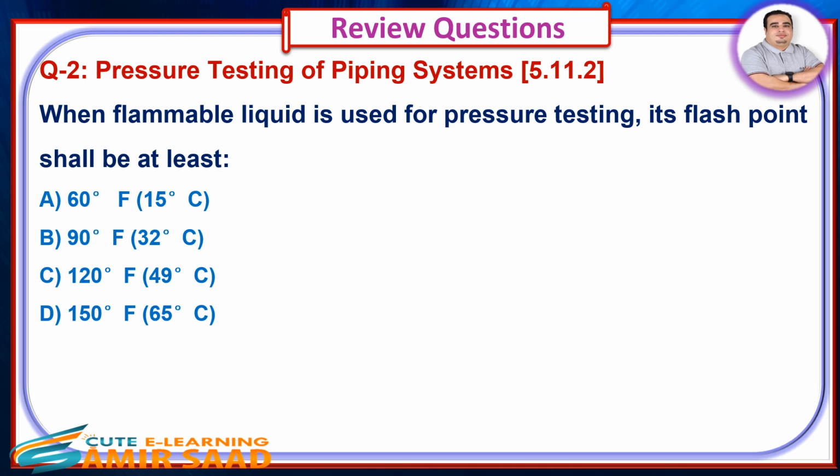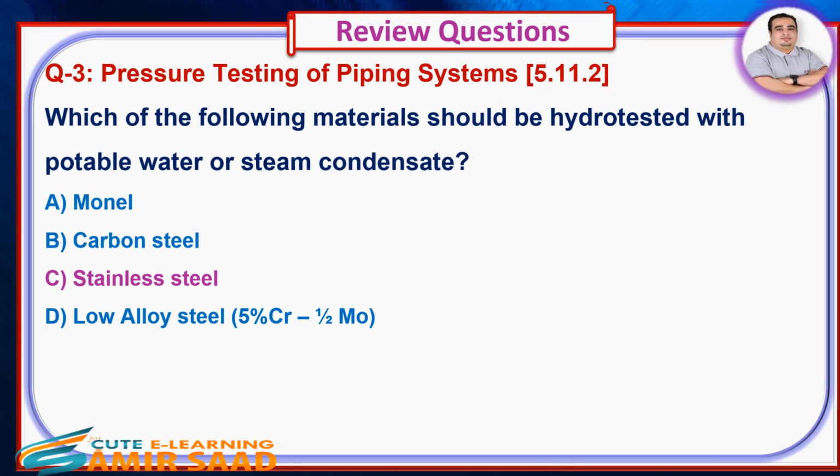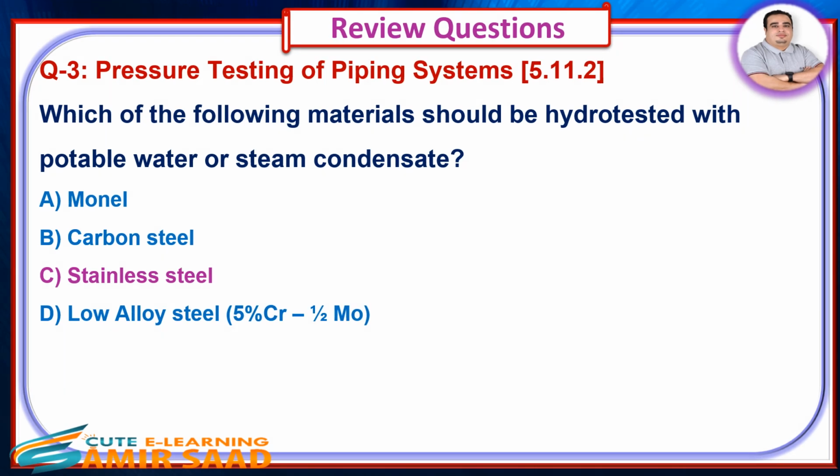When flammable liquid is used for pressure testing, its flash point shall be at least... Answer is C. Question number 3. Which of the following materials should be hydrotested with potable water or steam condensate? Answer is C.